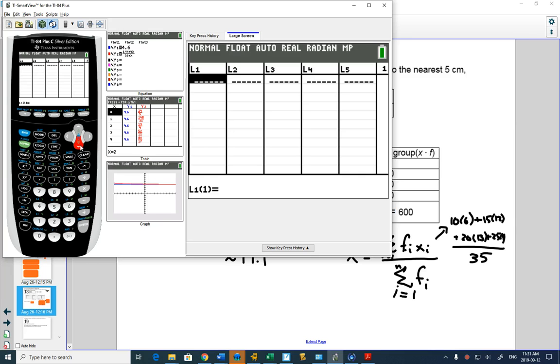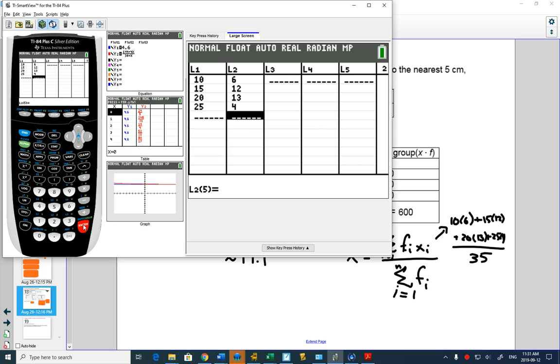So the lengths were 10, 15, 20, and 25. And the frequencies were 6, 12, 13, and 4.